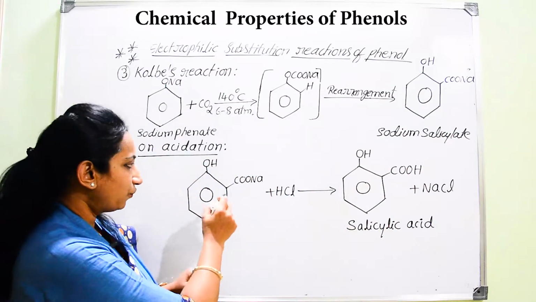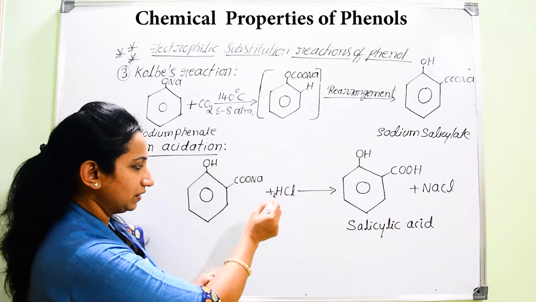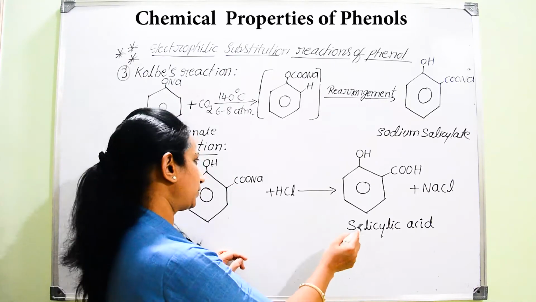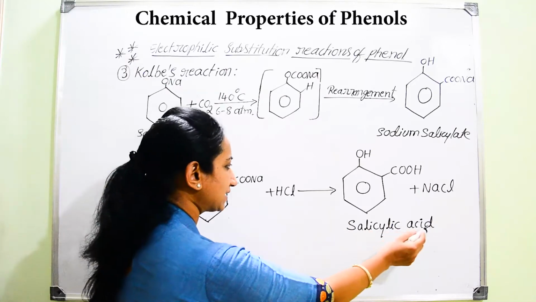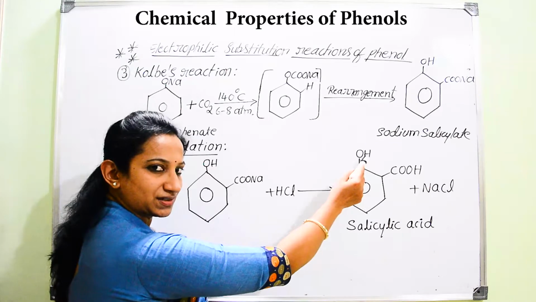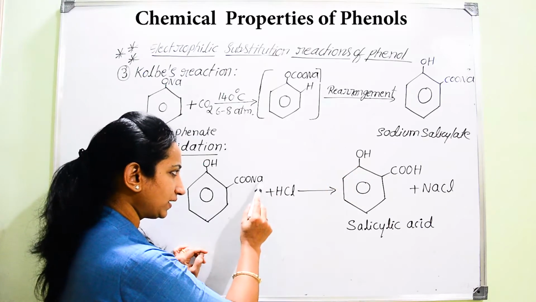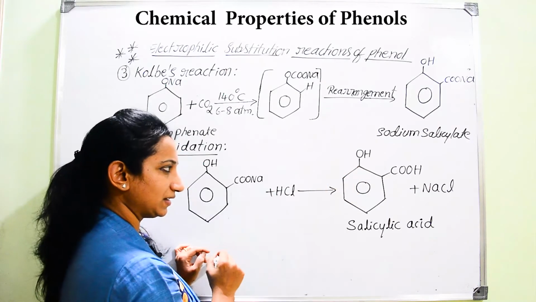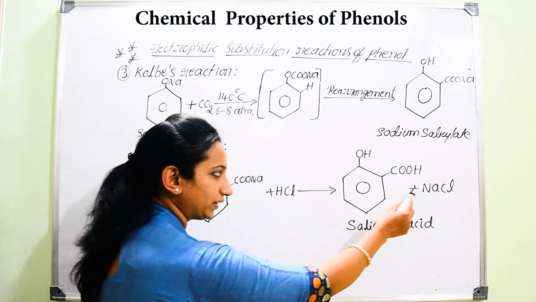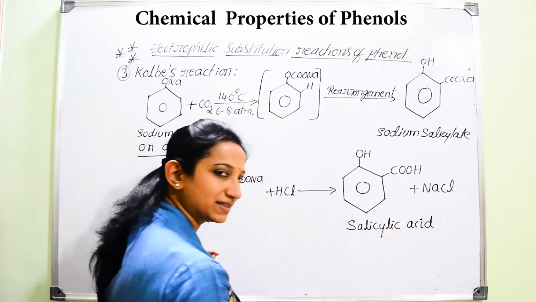This, on further acidification with the help of hydrochloric acid, gives the formation of salicylic acid. Here you can find OH will be as it is, and COONa is interacting with HCl. Sodium can easily combine with Cl, so it is removed in the form of NaCl.